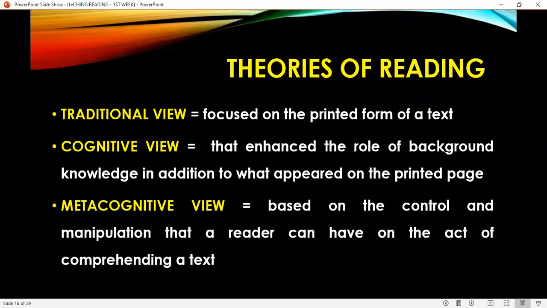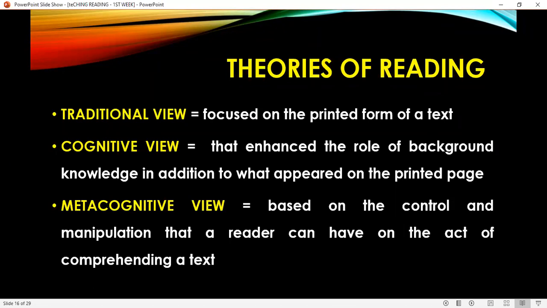The third theory is the metacognitive view. I know that you have heard this term before. Metacognition. Nowadays, this term is used a lot. Metacognitive view. So what does it say? It is based on the control and manipulation that a reader can have on the act of comprehending a text.